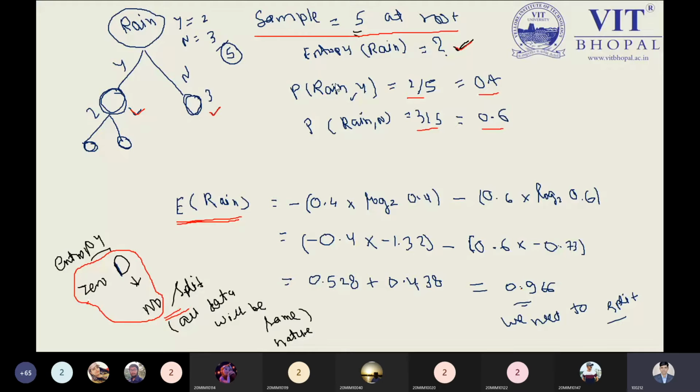One is rain. Rain is my root node, we can say, and I'm dividing my information based on my feature, that is, rain would be or rain would not be. So I'm using yes or no. If true or yes comes, I put the data on the right side.